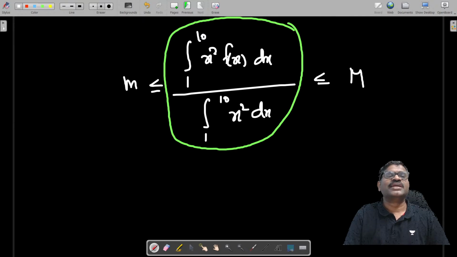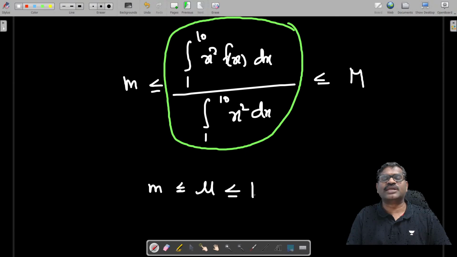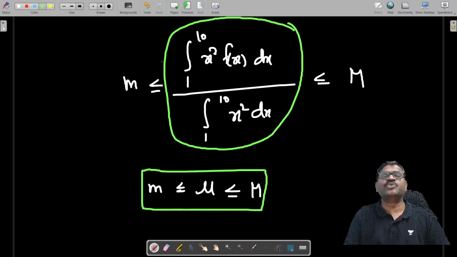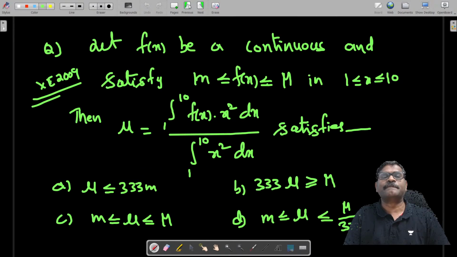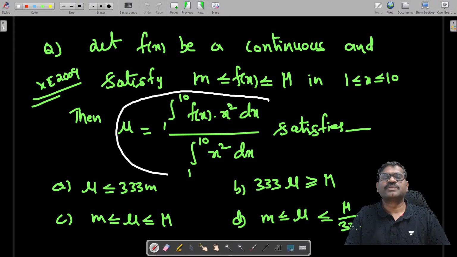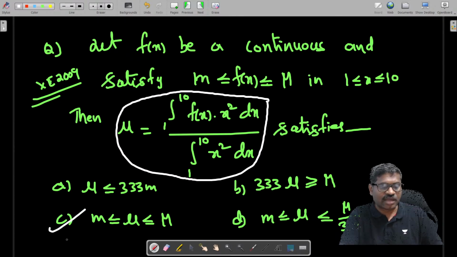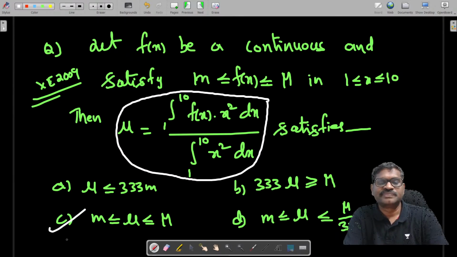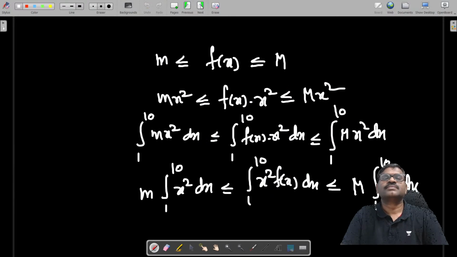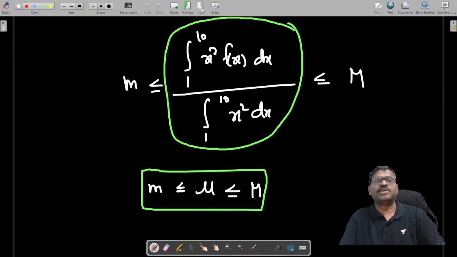That's why small m less than or equal to mu less than or equal to capital M. Final answer is small m less than or equal to mu less than or equal to capital M. Since this is mu, the third option is correct. Next problem.